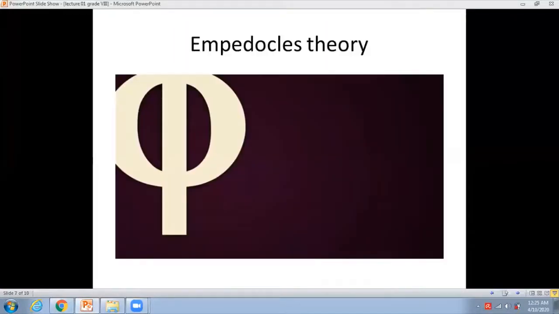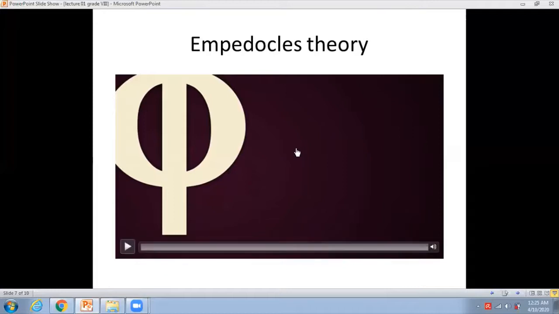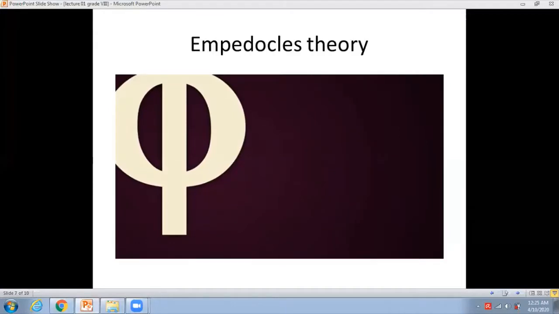These attractive and repulsive forces are very important to keep the substances together, and due to these substances, the universe came into being.